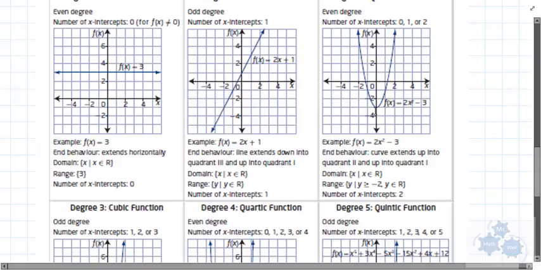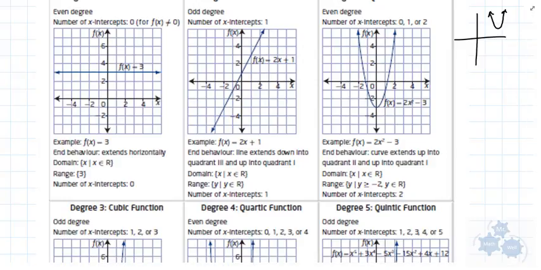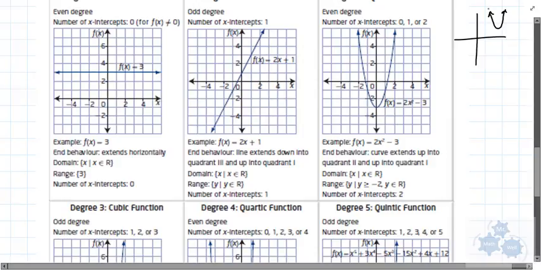Some of you may say, because I've had students ask this before, Mr. Maxwell, I can draw a parabola that starts in 1 and ends in 1. What do you have to say about that? Yes, it goes on forever upwards, but it also creeps over to the left forever as well.